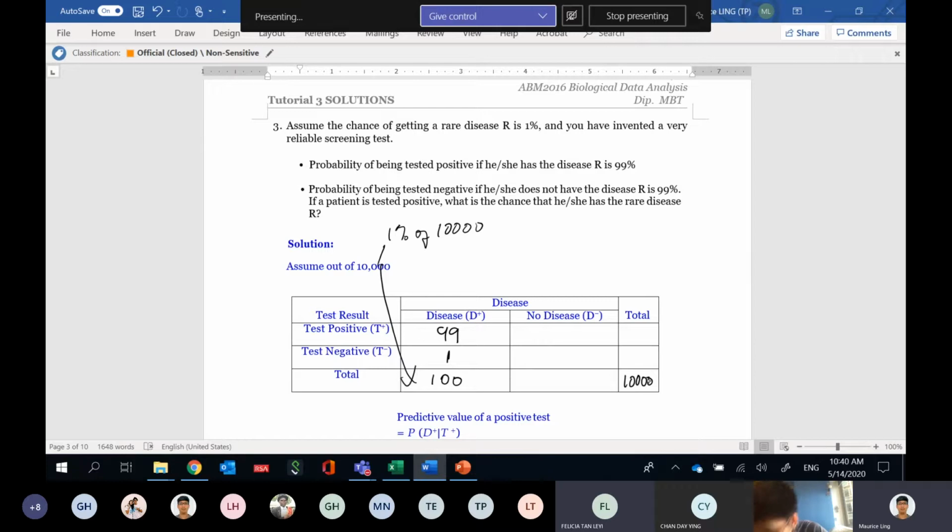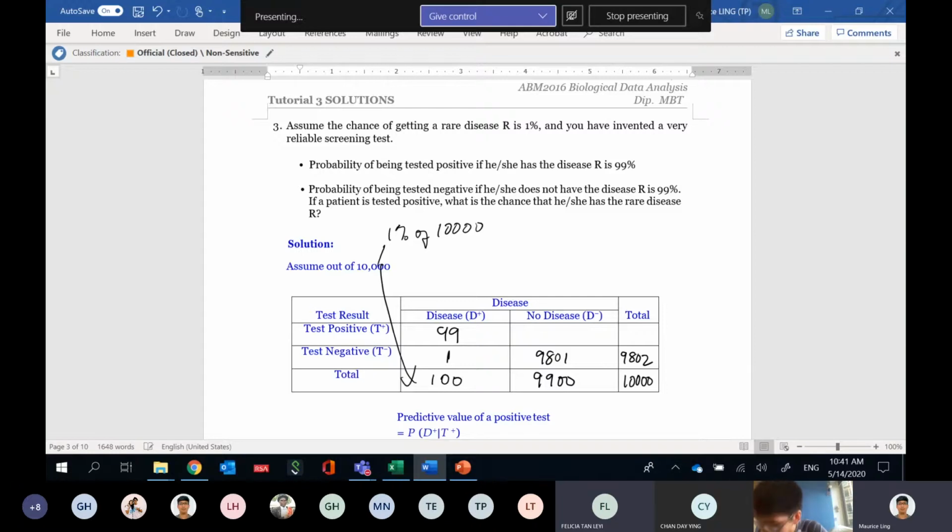These two numbers add up to 10,000. 9,900. Right, 9,900. Okay, so it's 99%. This is 99% of this number. So what is it? 9,801. Right, 9,801.